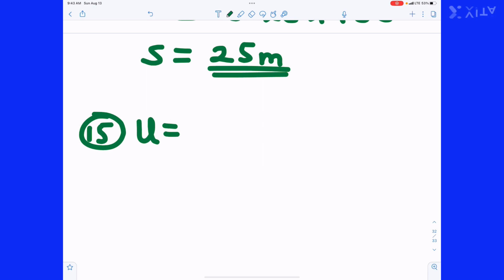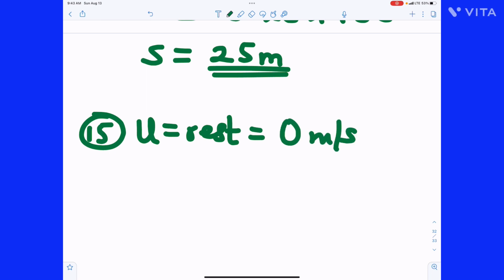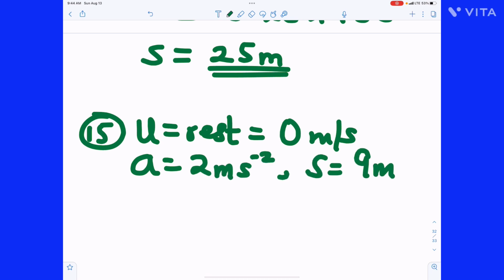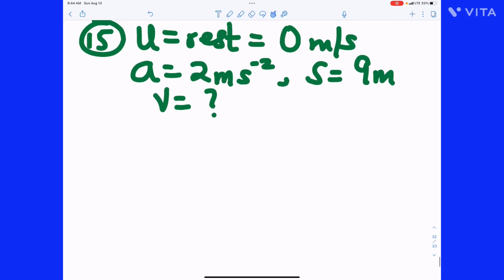The body accelerated from rest, which means the initial velocity was 0 meters per second. It accelerated uniformly at 2 meters per second squared and traveled 9 meters. You are looking for the final velocity after traveling 9 meters.